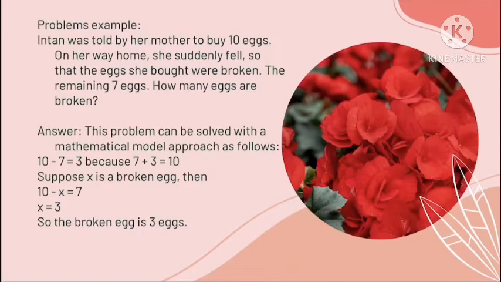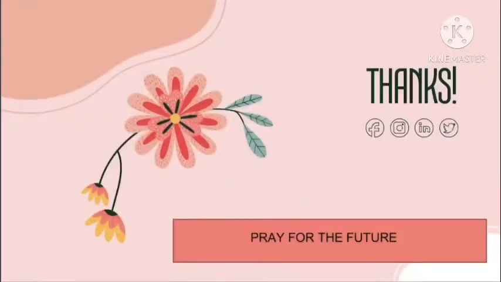The problem can be solved with a mathematical model approach as follows. 10 minus 7 equals 3 because 7 plus 3 equals 10. Suppose x is the broken eggs, then 10 minus x is 7. x is 3, so the broken eggs are 3 eggs.